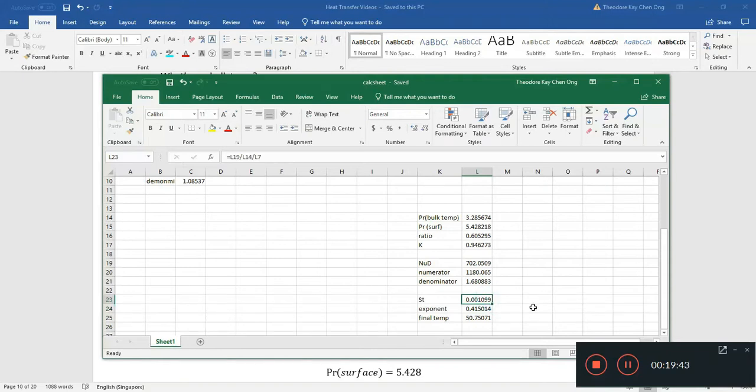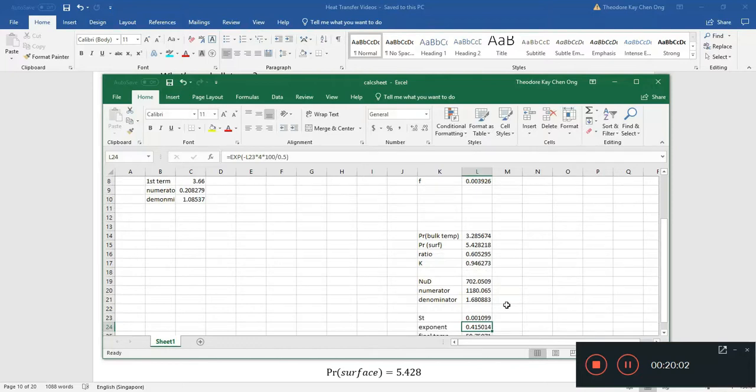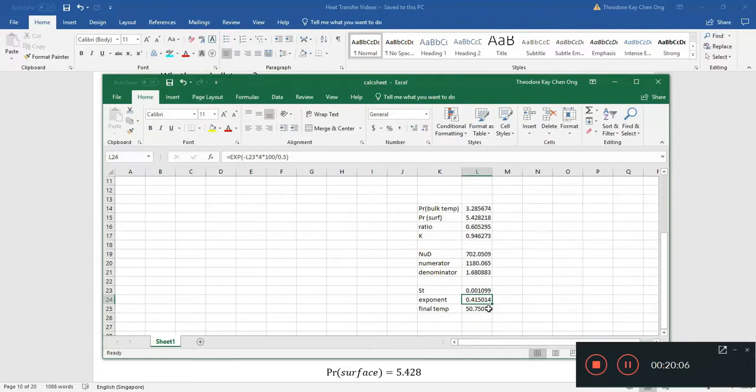It looks as if our Stanton number has decreased. But anyway, it's a turbulent flow. It's probably because the Reynolds number is huge. There's a lot of flow going through. That's why it doesn't cool down so fast.